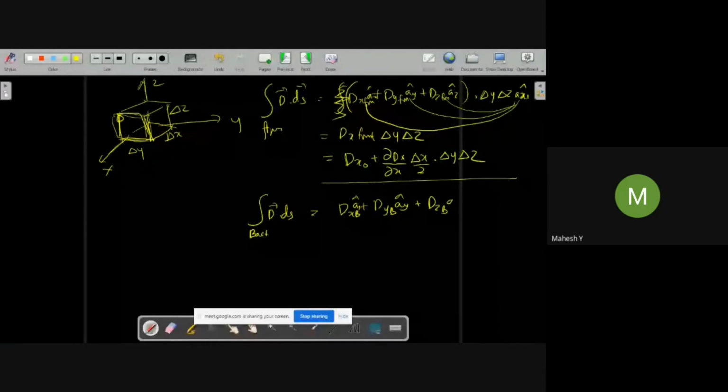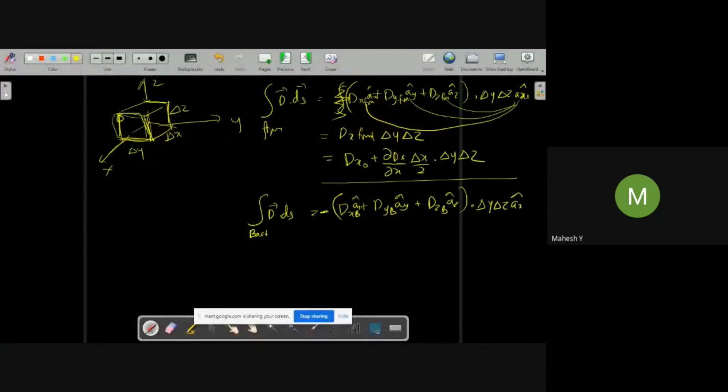So this is the value of d at that location dot delta s for the back side, which as we discussed will be minus ax cap, right? So delta y delta z into minus ax cap. Again only this term will remain, the dot products will cancel.